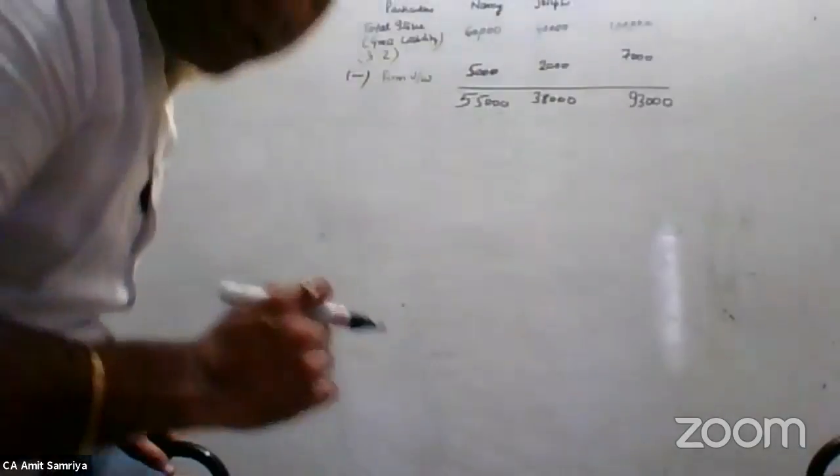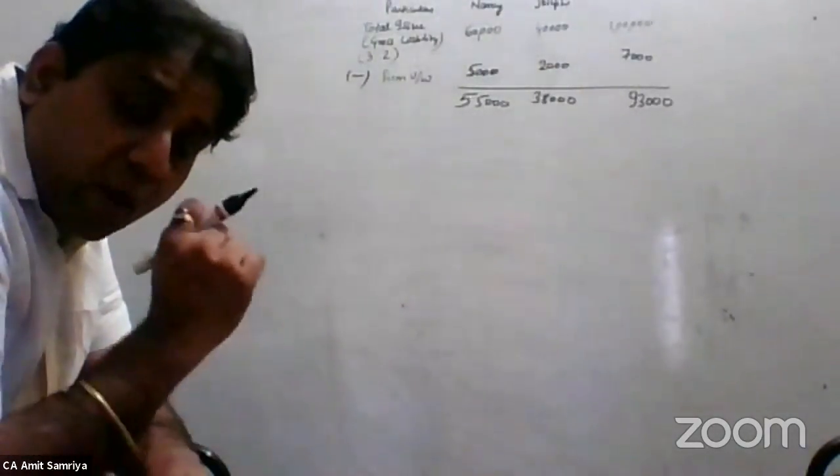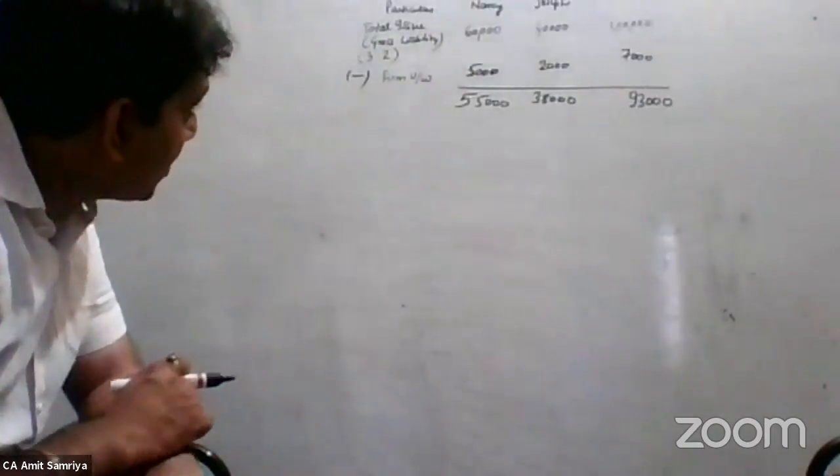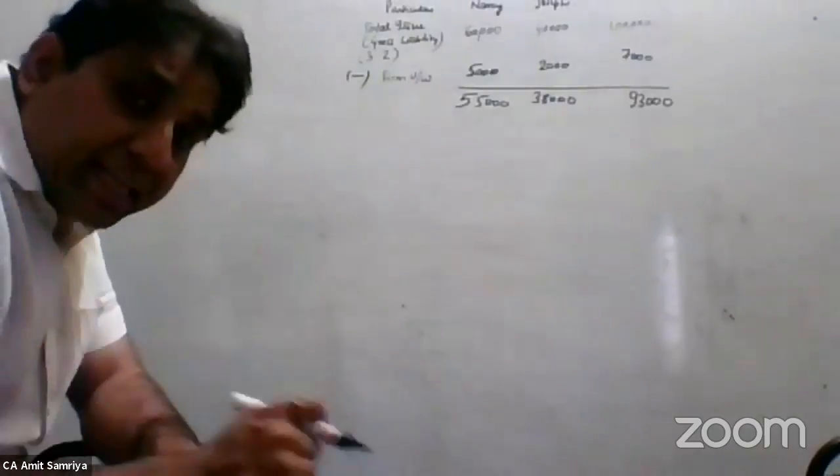Students, keep in mind that whenever the liability of an underwriter is calculated, first of all, from the gross liability, firm underwriting is deducted.